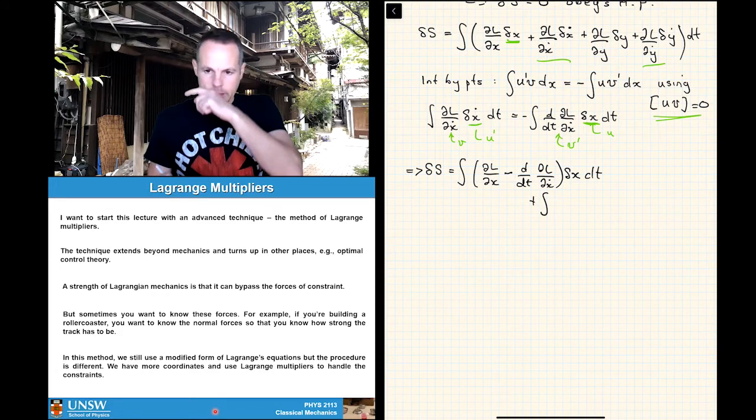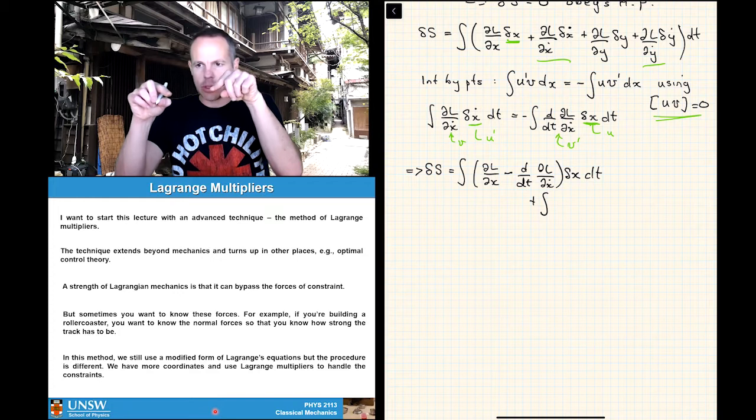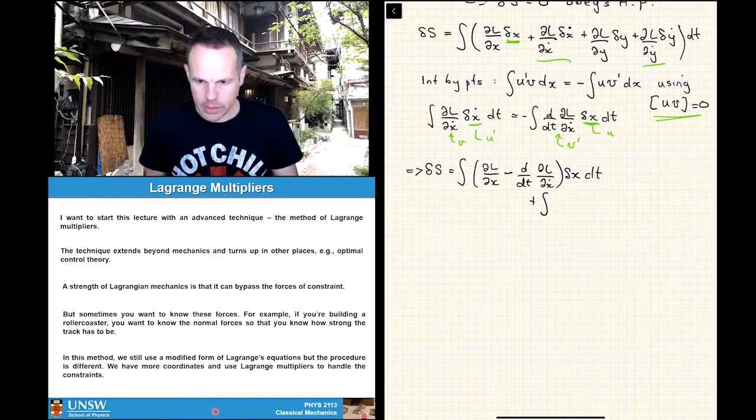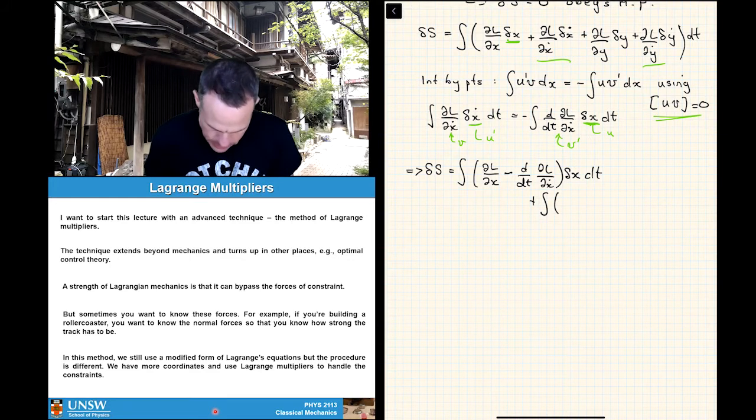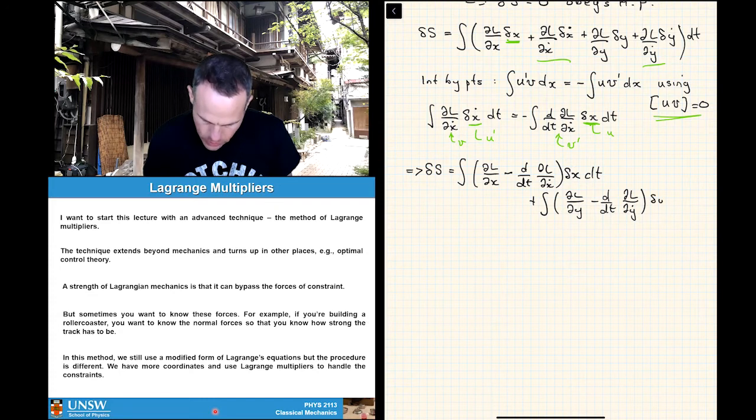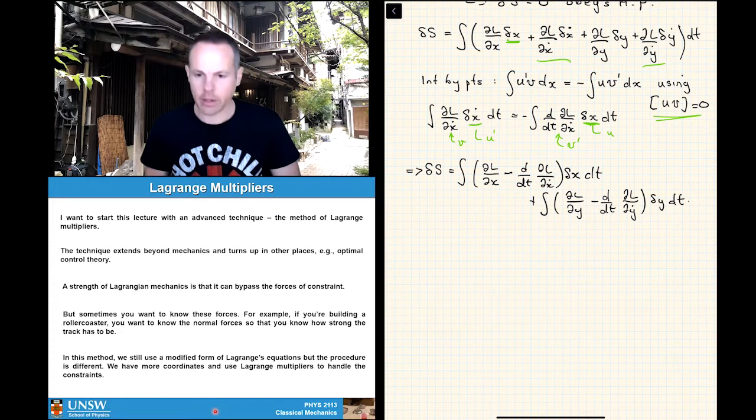You remember that I can take an integral with two terms inside and turn it into two separate integrals, right? The sum of two integrals is the integral of the sum. So this is now dL/dy minus d/dt of dL/dy-dot, and again I can take this delta y outside, dt.